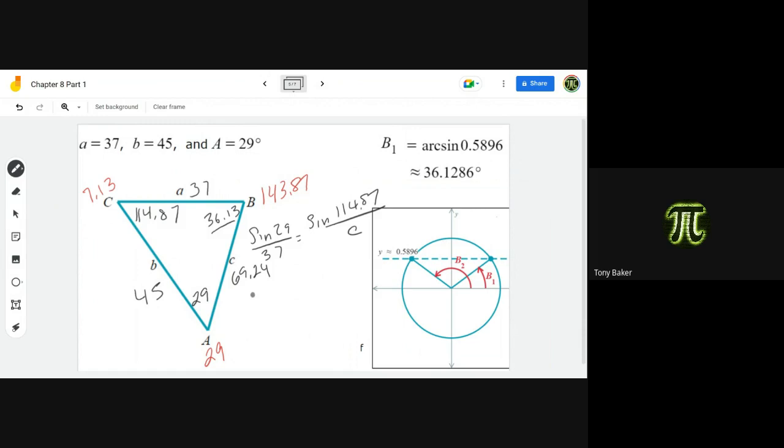All right, does that answer make sense? Yeah, if we're looking at the biggest angle is 114.87, right? The biggest side is 69.24, and that's significantly bigger than the other two sides. The small side is 37, and the smallest angle is 29. So that kind of makes sense.